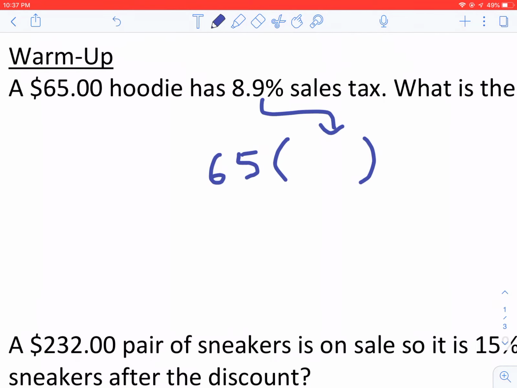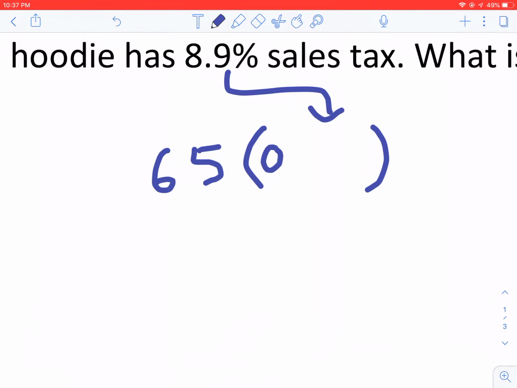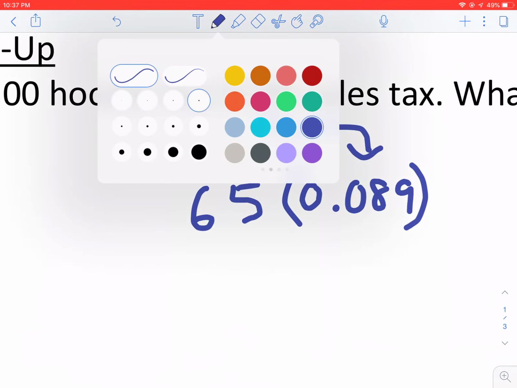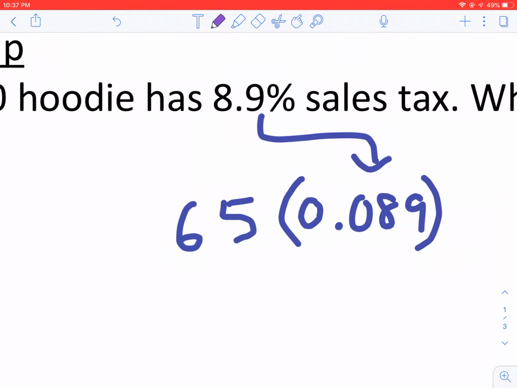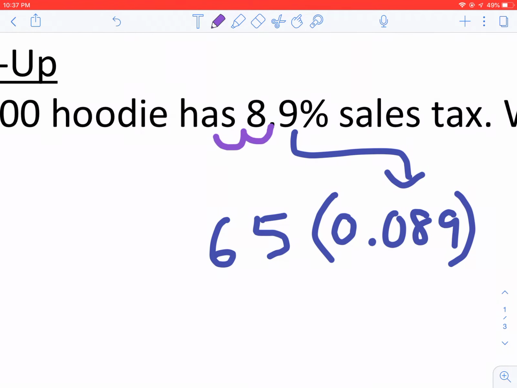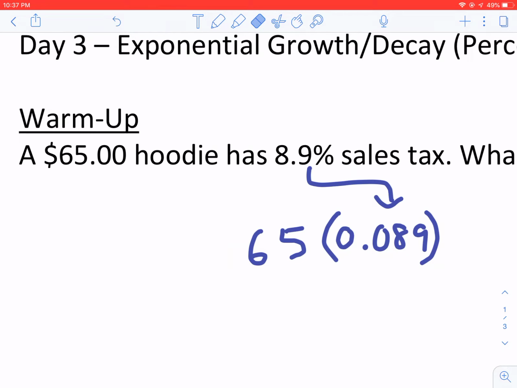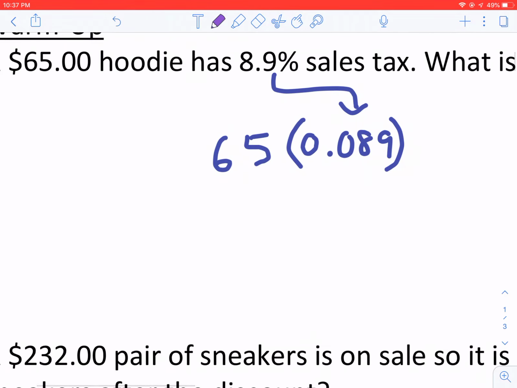So to get 8.9% of $65, we multiply by 0.089. If you forgot how to do that, you go from a percentage to a decimal. You're going to move the decimal place 2 spaces to the left. We're dividing by 100, and we get 65 times 0.089. So that's the amount of the tax.